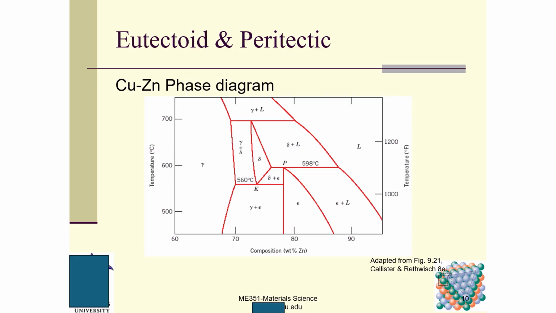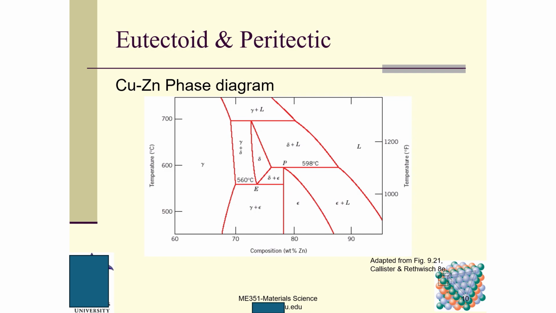So look at it here. This is composition, this is temperature, and can somebody tell me which point is eutectoid, which point is peritectic? Before I show you, I want you to tell me, in this phase diagram, which point is eutectoid, which point is peritectic.